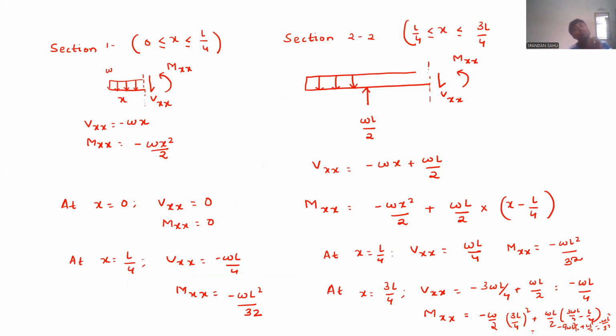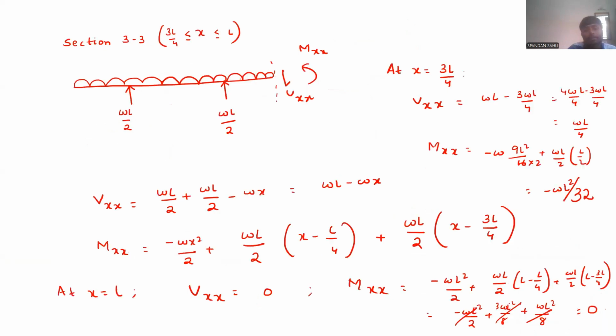If not, then there won't be any point of 0 bending moment. Just put this Mxx equal to 0 and find the value of x. If you are getting any x that lies between this region, then there will be a point where your bending moment will become 0. Otherwise, there won't be any point existing in that span where the bending moment will be 0, apart from the extreme points, that is A and B at x equal to 0 and L respectively.